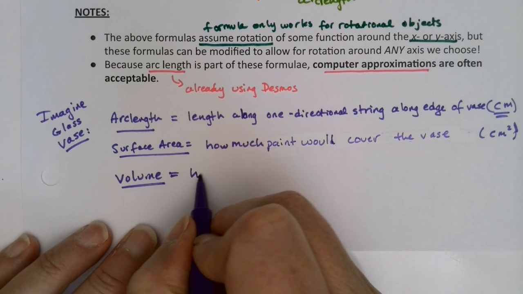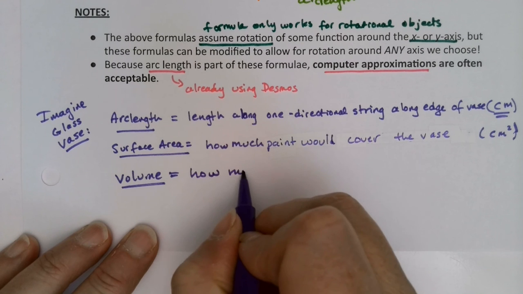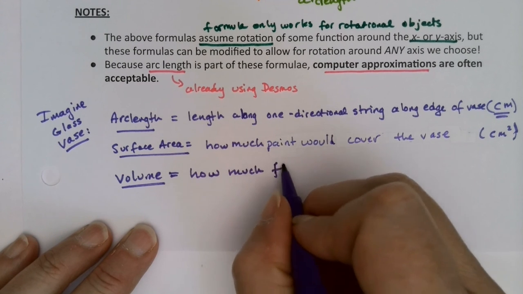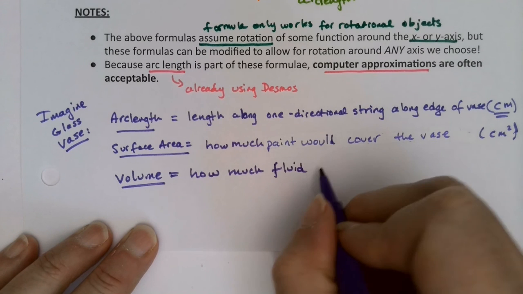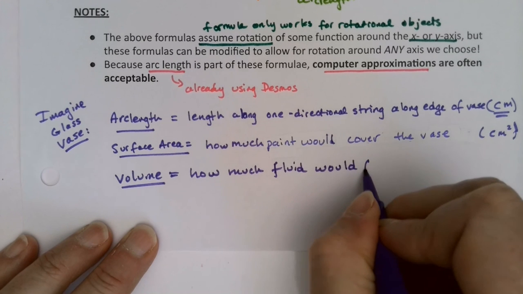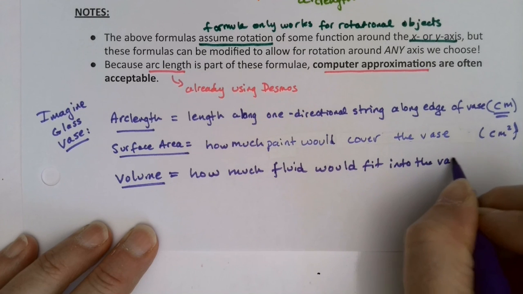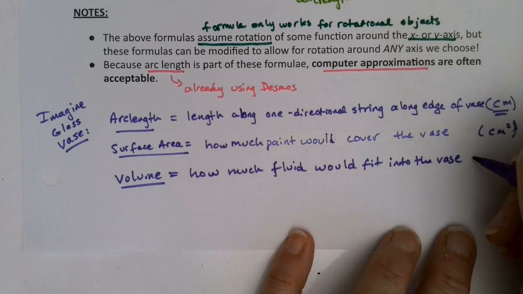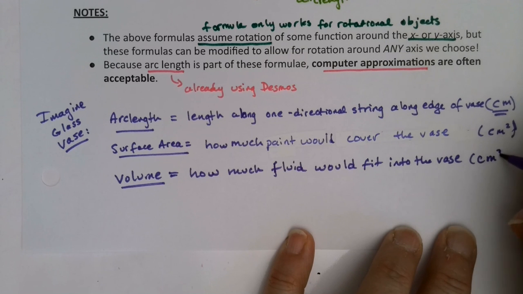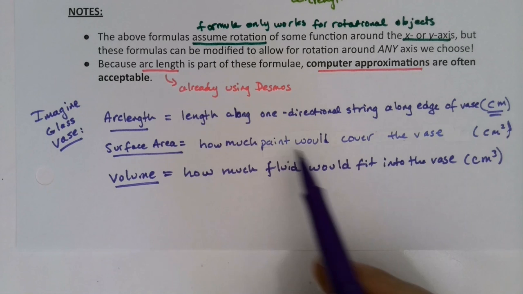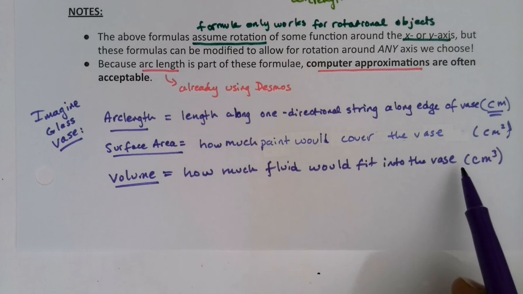And then volume is how much liquid or air, fluid, there we go, fluid, would fit into the vase. If you imagine the vase is infinitesimally thin, then it would be how much glass makes it up. But no vase is infinitesimally thin, it would break. Okay, so arc length is centimeters, surface area is centimeters squared, volume is centimeters cubed.